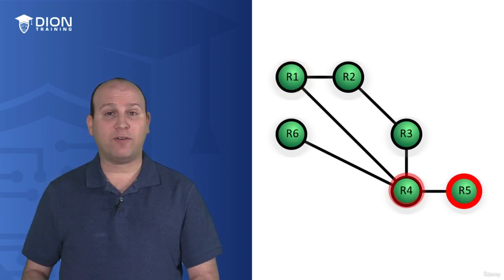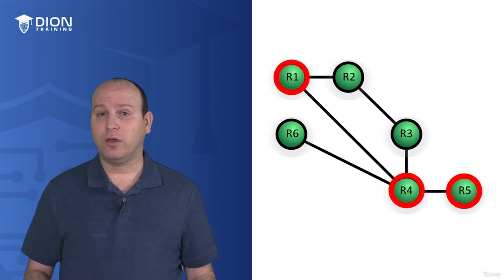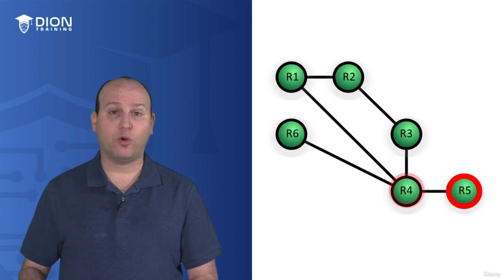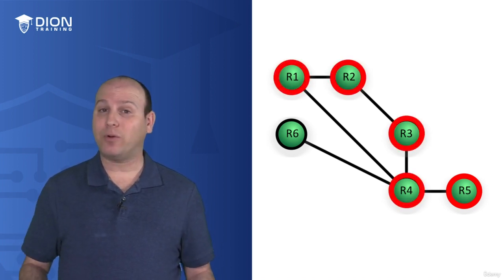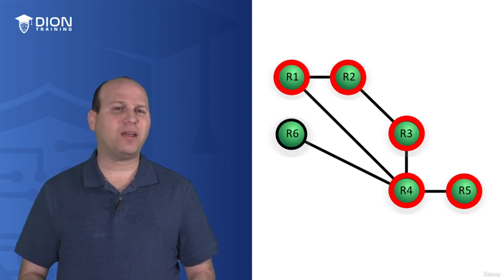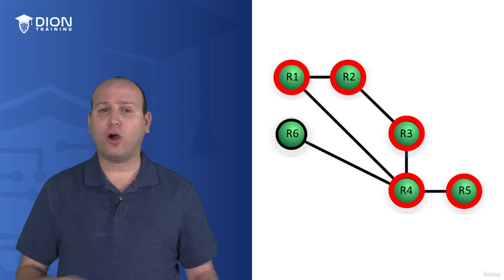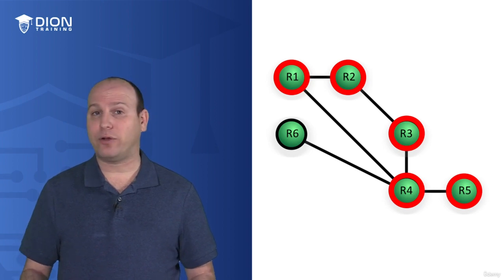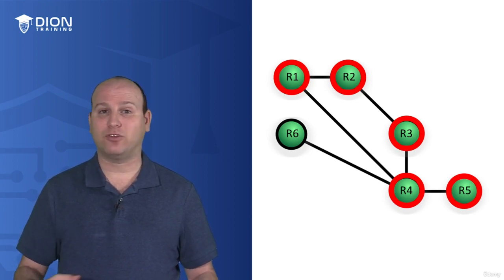I can go from 5 to 4 to 1, and that would work, but I can also go from 5 to 4 to 3 to 2 to 1, and that would also work. So how do I know which way is going to be the best way for me to go? Well, if I end up using a dynamic protocol, all of these routers continually talk to each other all the time, and they tell each other which way they know how to get to other routers and which one is the best and fastest route.